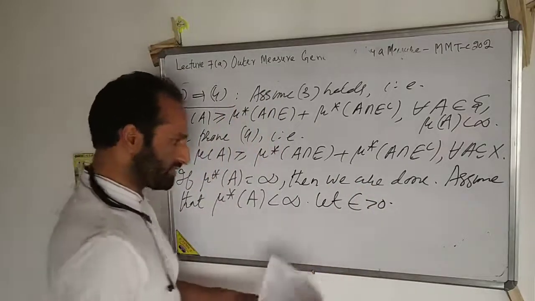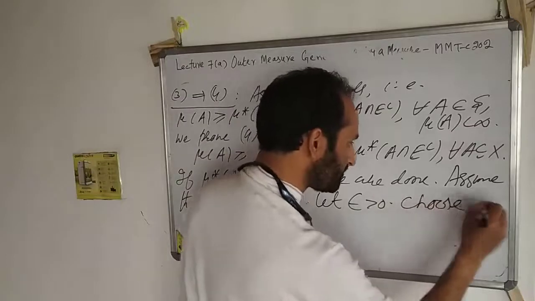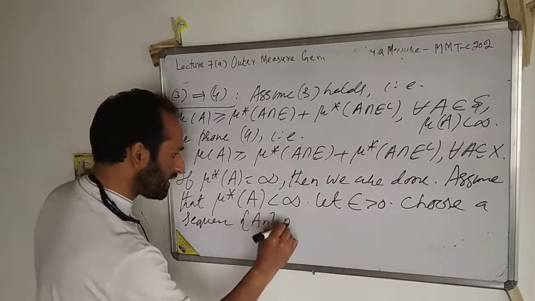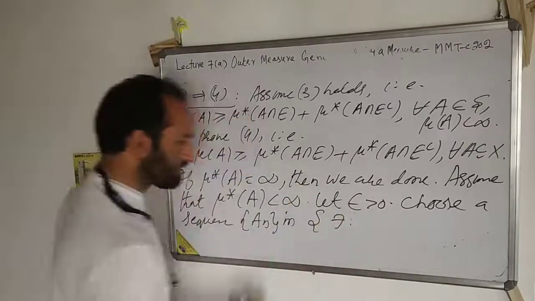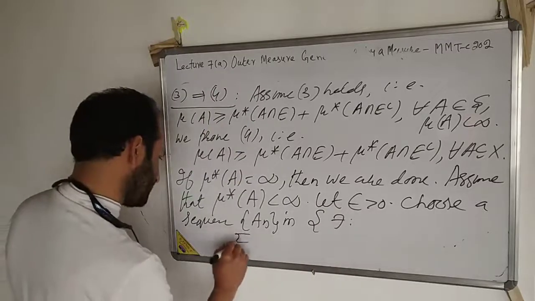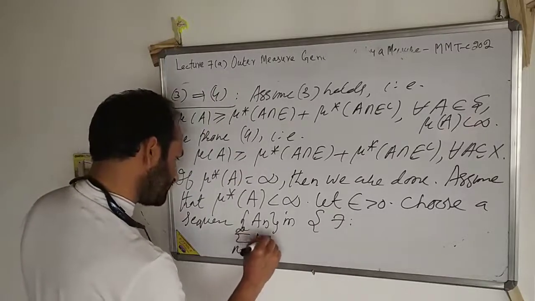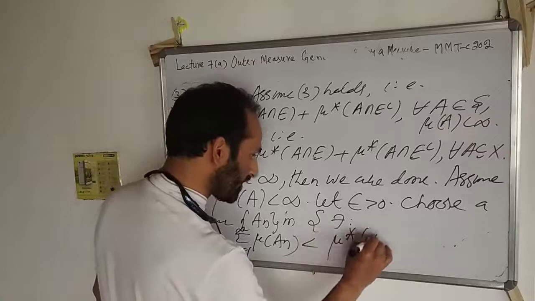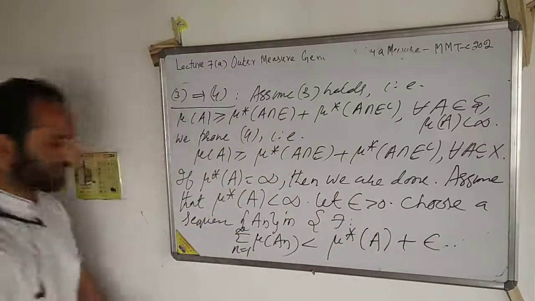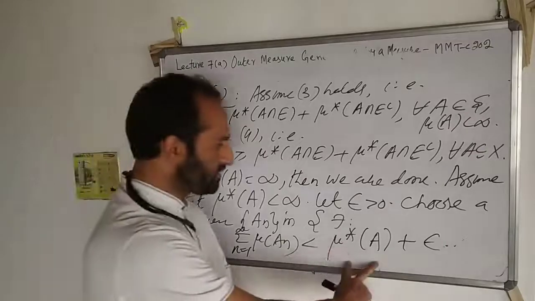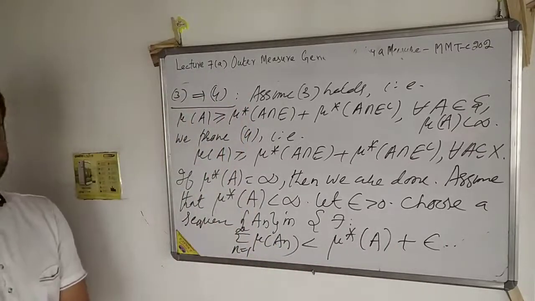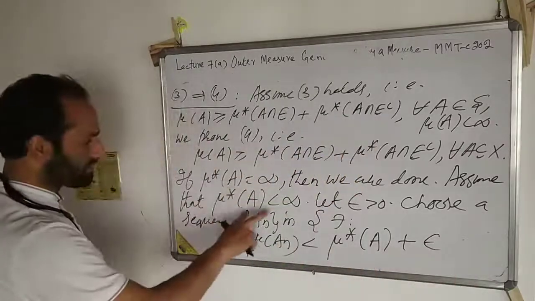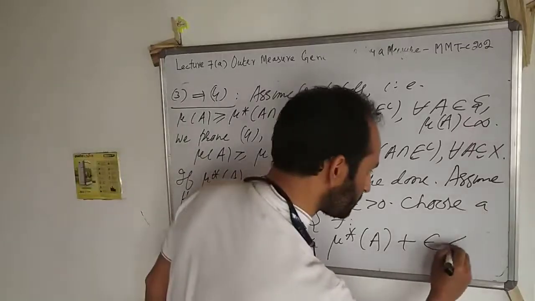We can choose a sequence An in S such that summation n runs from 1 to infinity, mu of An will be less than mu star of A plus epsilon. So if I add epsilon to this infimum, it will be greater than some member of the set. So that member is this. And this is finite because mu star of A is finite, so mu star of A plus epsilon is also finite.